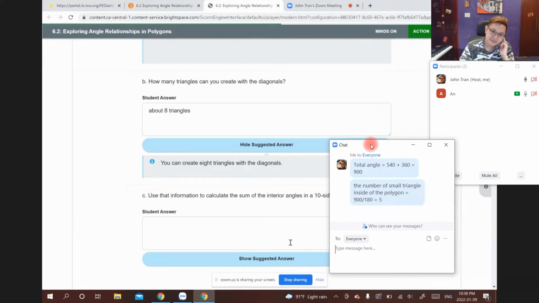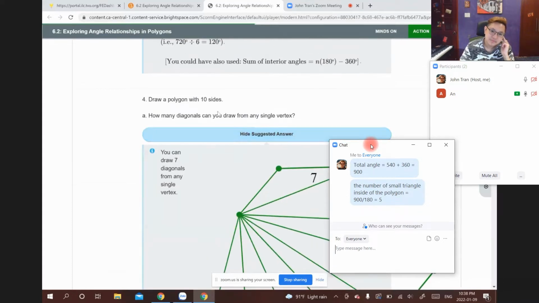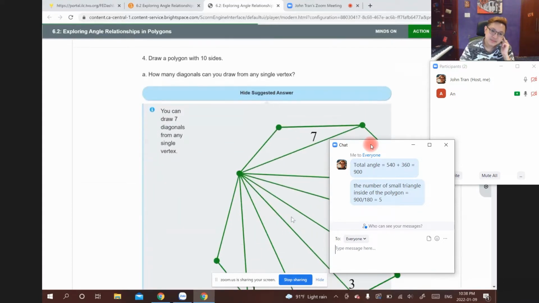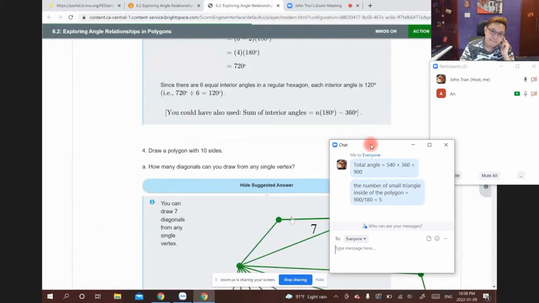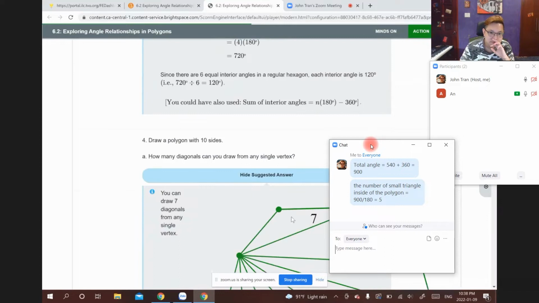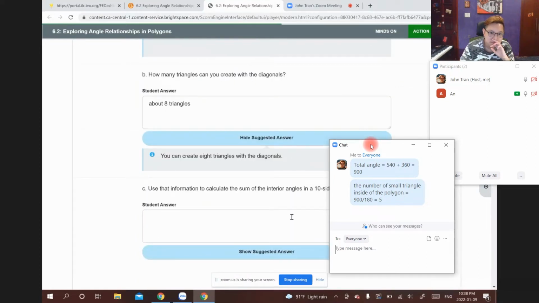Wait, what are diagonals? What do you mean by diagonals? You can draw 7 diagonals from a single vertex. But what exactly are diagonals?